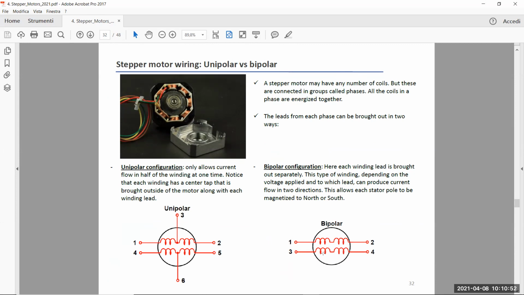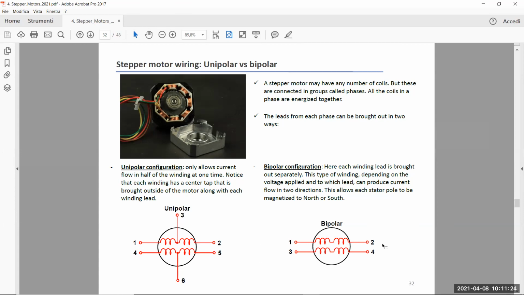In this simple assumption, you can say that 1 and 2 are the same as the nodes A and A prime in my previous discussion, and 3 and 4 are similar to the nodes B and B prime. So the winding 1, 2 is the phase A, and the coil connected between the nodes 3 and 4 is what you have for the phase B in the previous example. This is exactly what I described before.